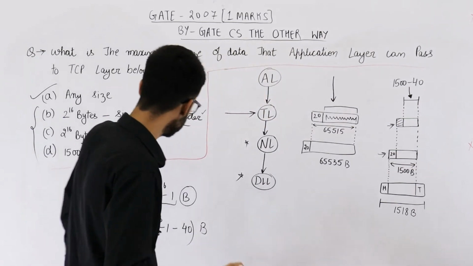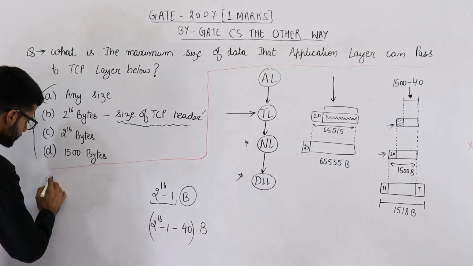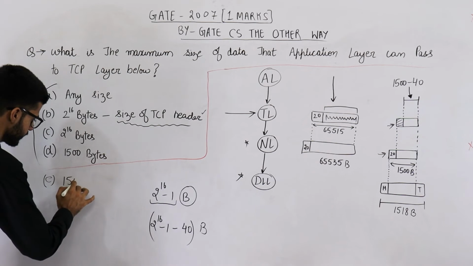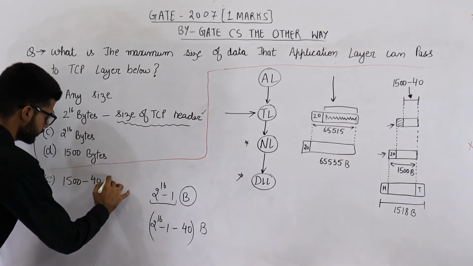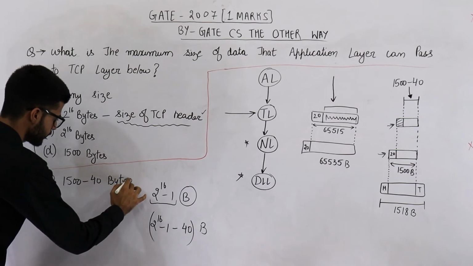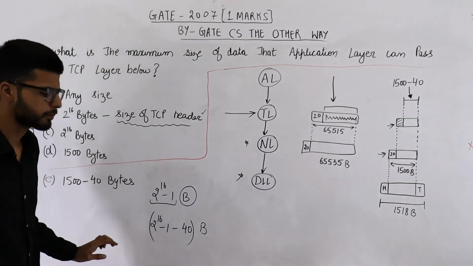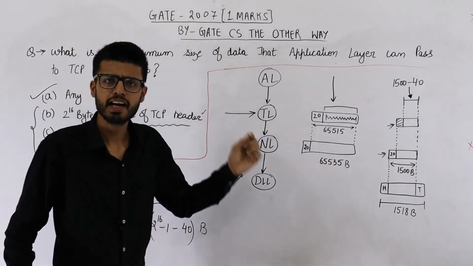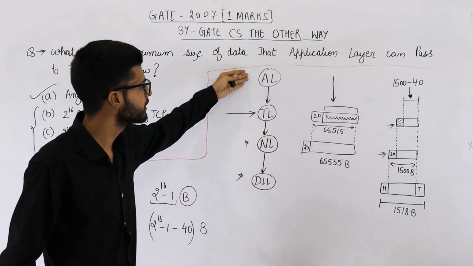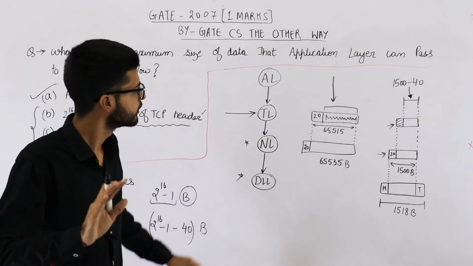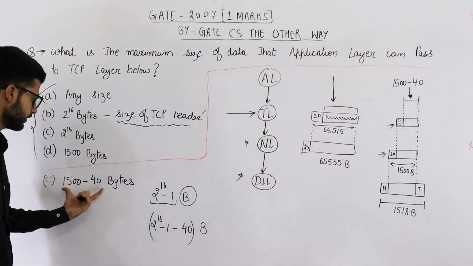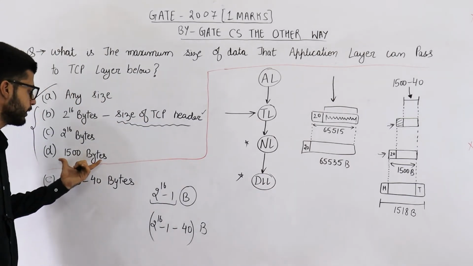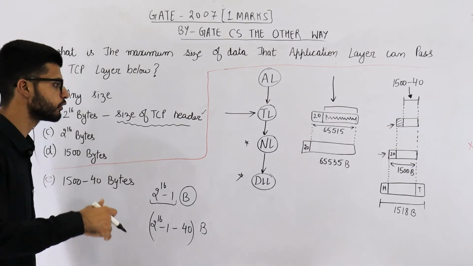So suppose there is an option which says 1500 minus 40, these many bytes. This one will also not be the answer because I have already repeated it 3 to 4 times that application layer does not know about all of these facts. But this one could be placed in the options to confuse you even more.